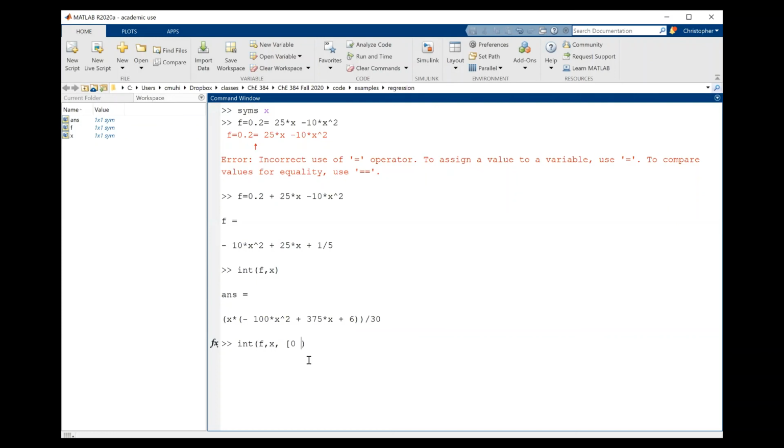So let's say 0 to 0.8. If I hit enter this time, it will give me a numeric answer, once again in symbolic terms as 484 divided by 75, rather than in a decimal format. This is very useful in MATLAB for solving complex integrals where you actually want or need to have an analytical form.